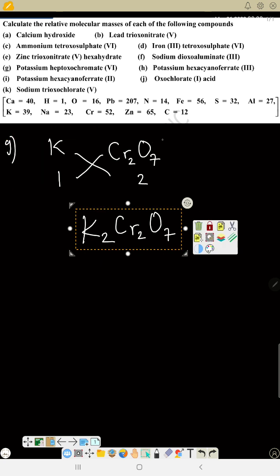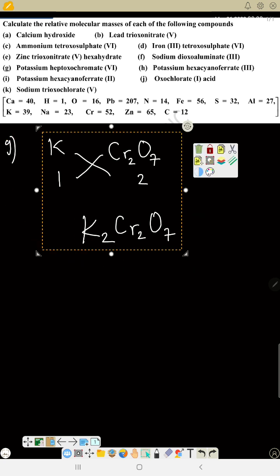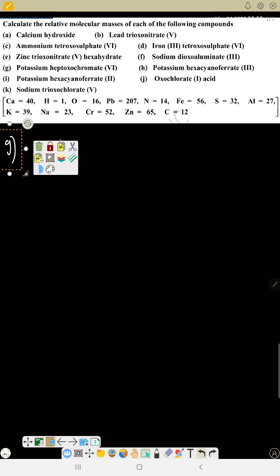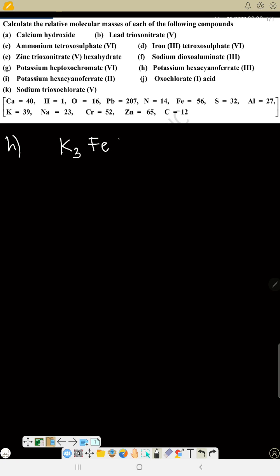So the next one, H, potassium hexacyanoferrate 3. So that will be K3Fe(CN)6.